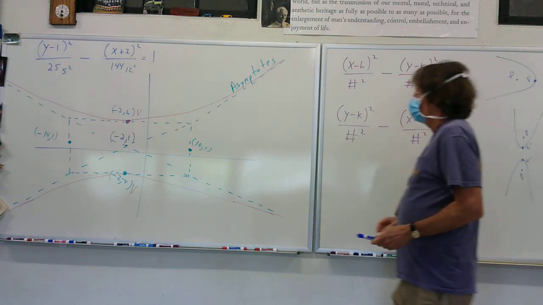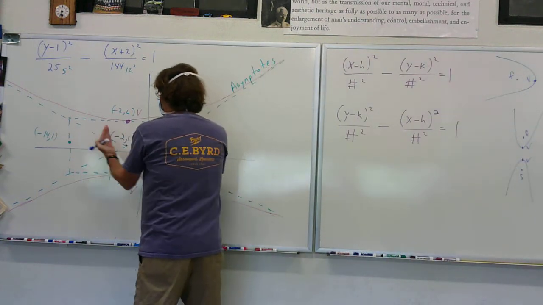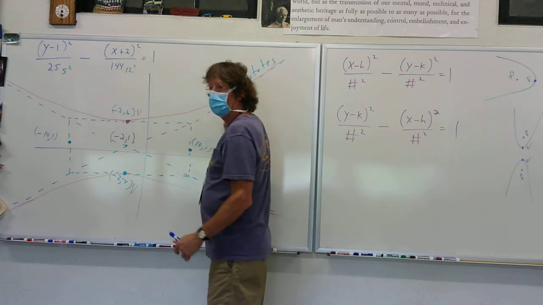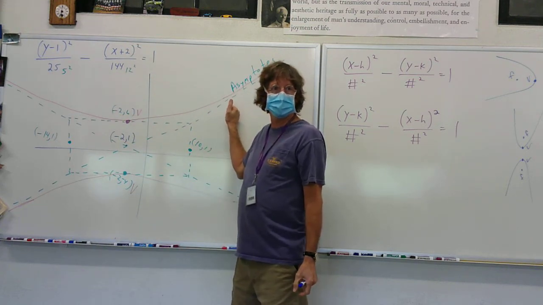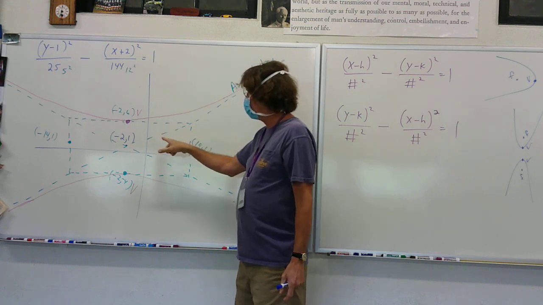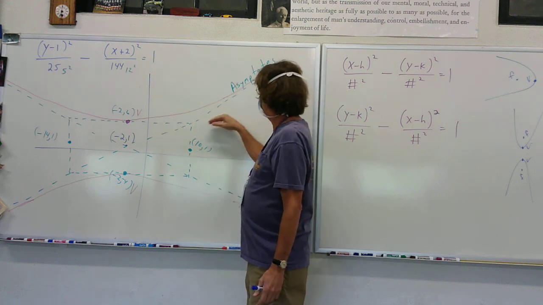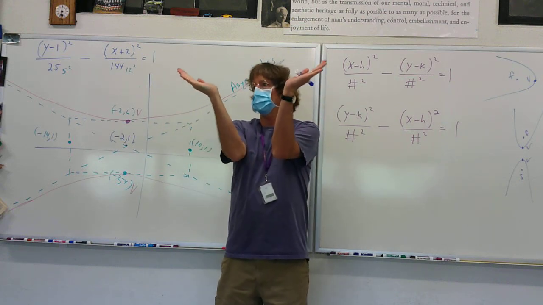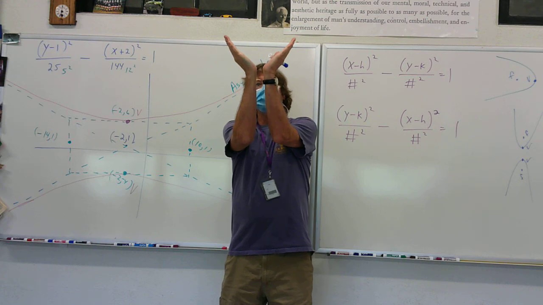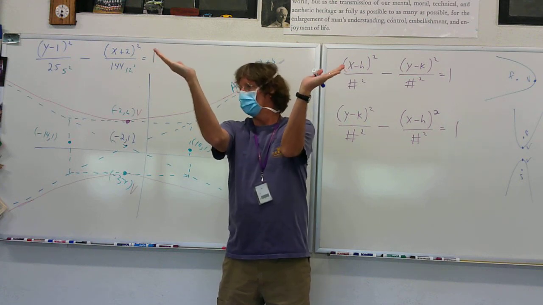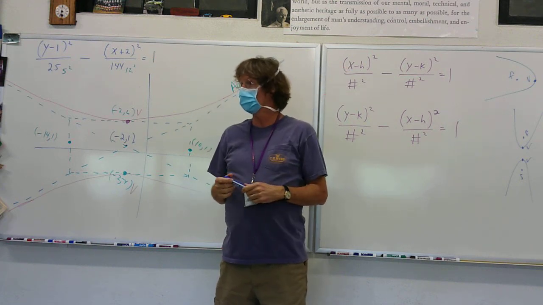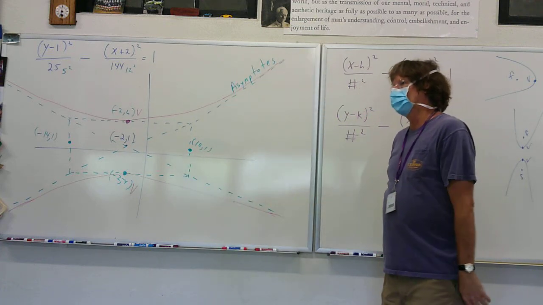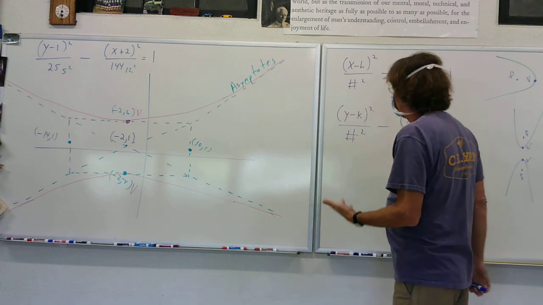Notice, if you move the width of this or the length of it, it would change the angle of these, right? Is everybody okay with that? Change the shape of the rectangle, length and width. It's going to change the angle of the asymptotes. That's what I'm getting at. The asymptotes are going to tell you if your hyperbola is real narrow or if your hyperbola is real wide. Got that? We're not going to find latus recti for these. Maybe we should, but we're not.